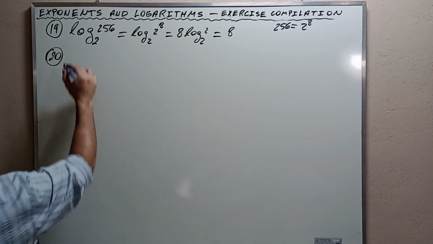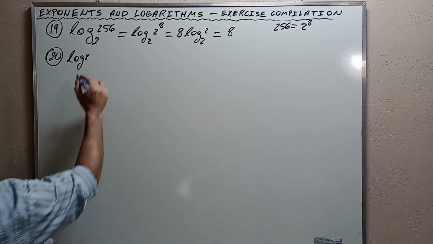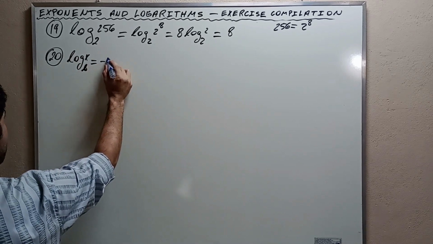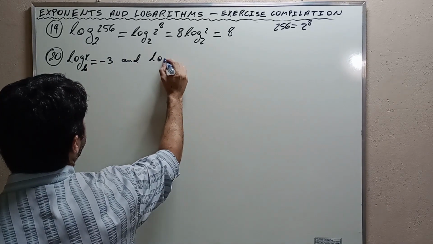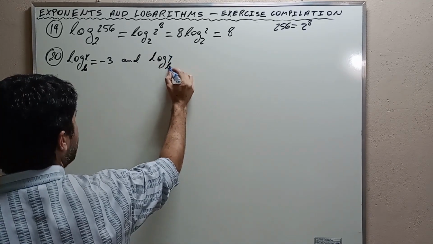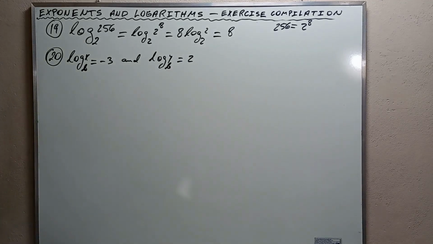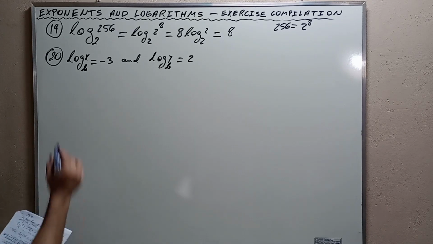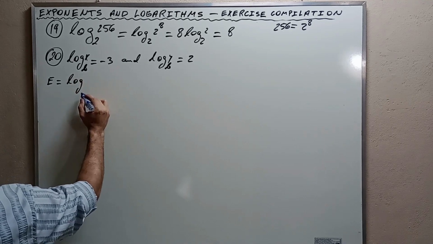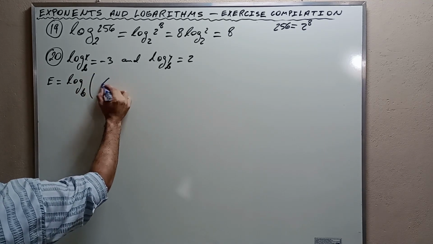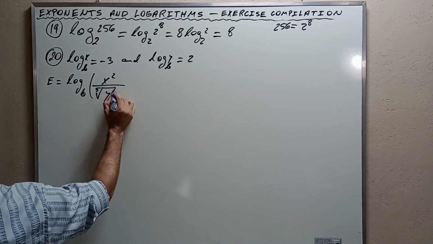If the logarithm of x base b is equal to negative 3 and if the logarithm of y base b is equal to 2, calculate the value of e, where e is equal to the logarithm base b of x squared divided by the fifth root of y.